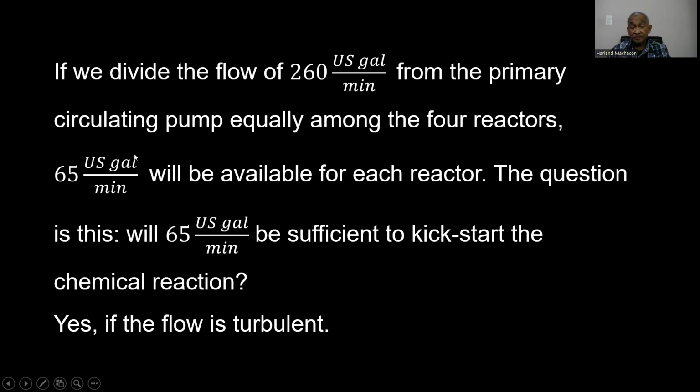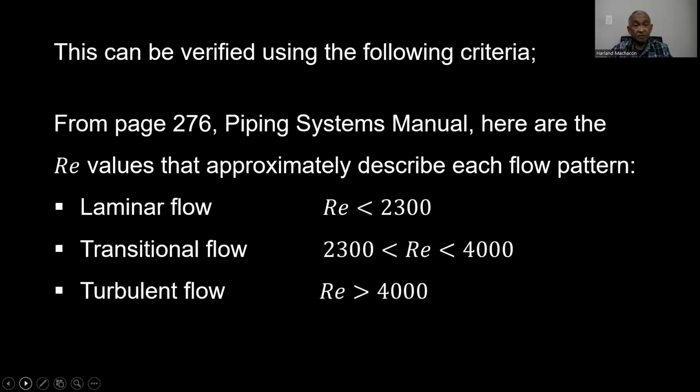The question is, will 65 US gallons per minute be sufficient to kickstart the chemical reaction? Answer is yes, if the flow is turbulent. So we can verify it using the flow patterns described in the piping systems manual.